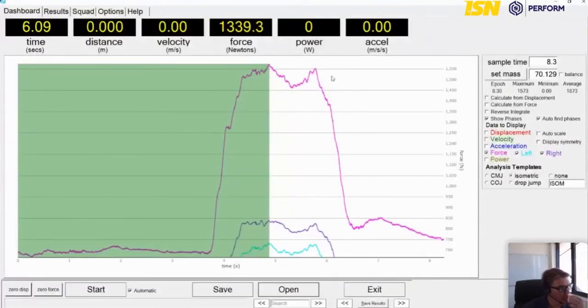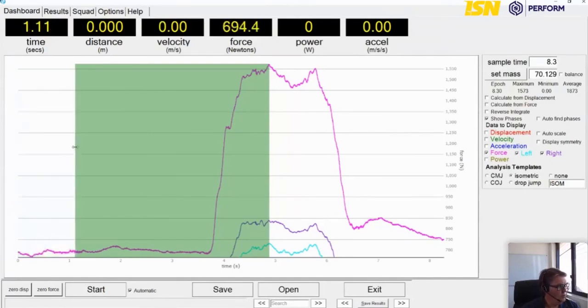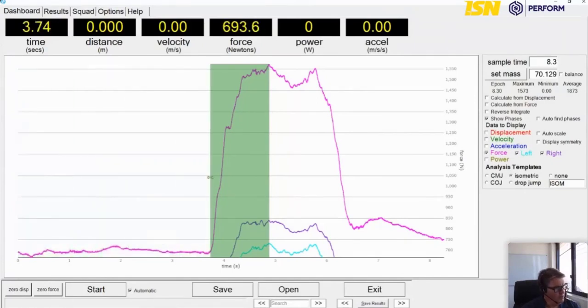And so we can see this here. This is the typical isometric mid-thigh pull data set that you would see. The athlete starts around this point, where you can set the start of that particular movement.